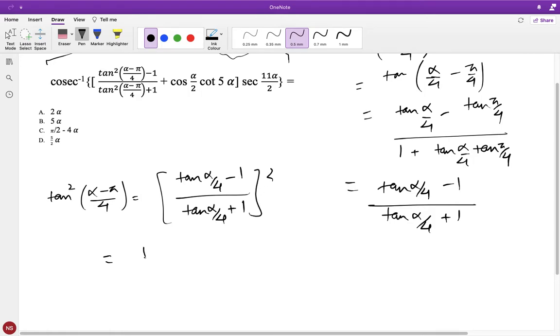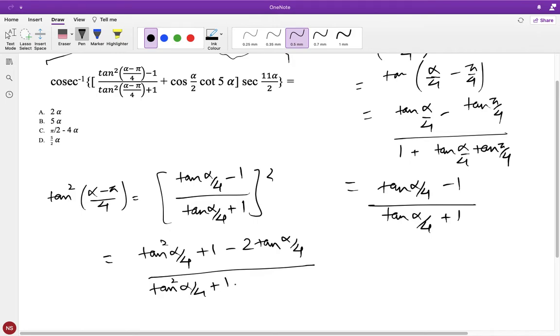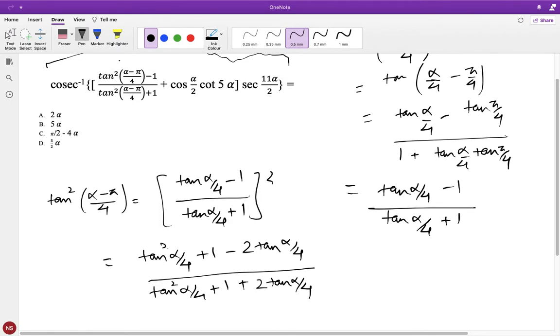It is equal to (a² + b² − 2ab) divided by (a² + b² + 2ab). Now we have tan²(α/4 − π/4) with a minus 1 and a plus 1.